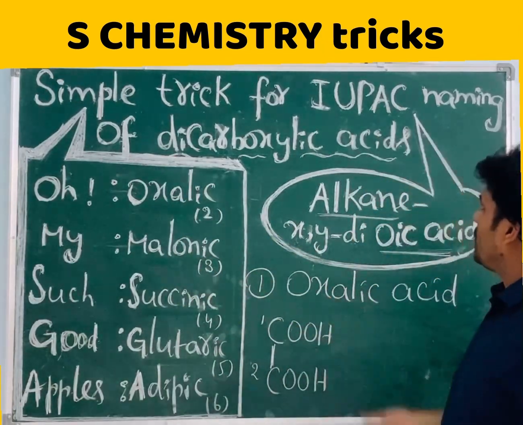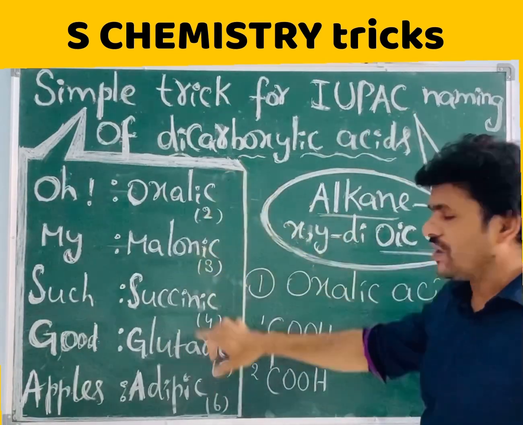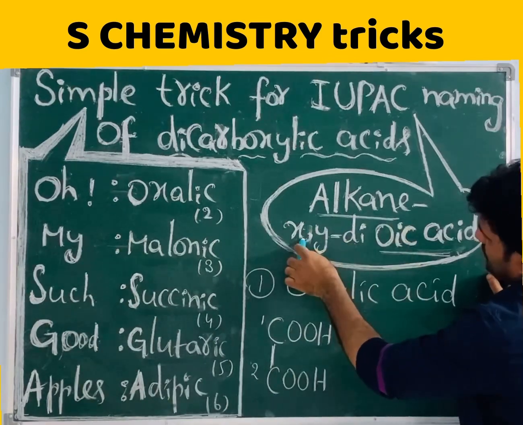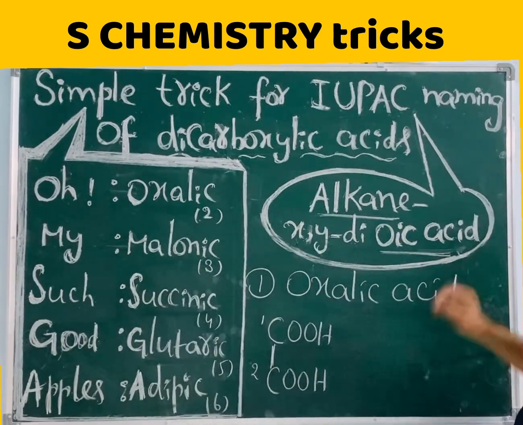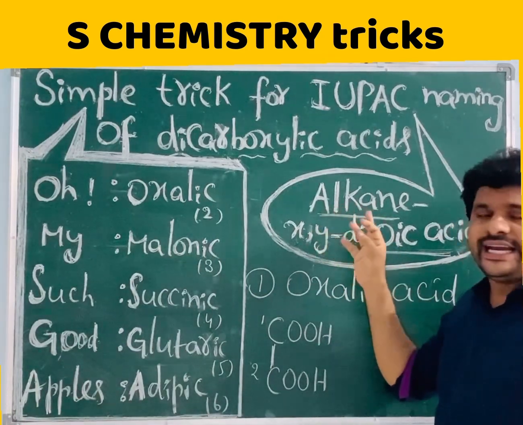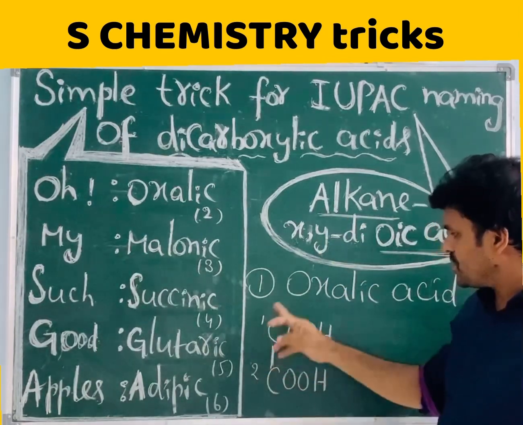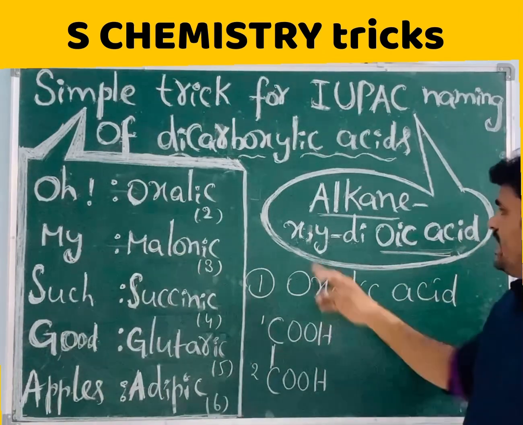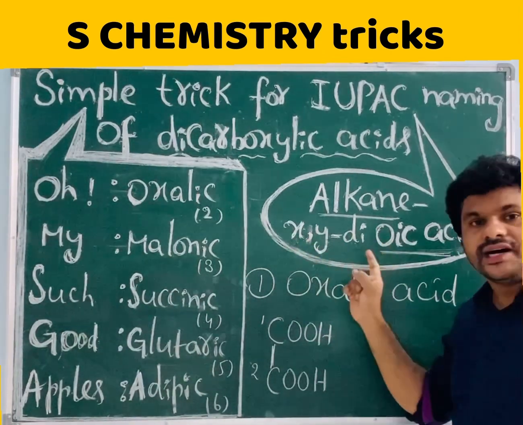Now next concept, the simple trick for the IUPAC name of these dicarboxylic acids is alkane X, Y dioic acid. Here alk indicates the root word, meaning the number of carbon atoms present in the given organic molecule, and X and Y indicate the first carbon and the last carbon.